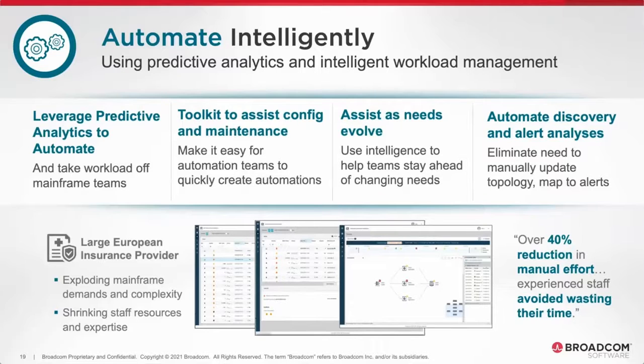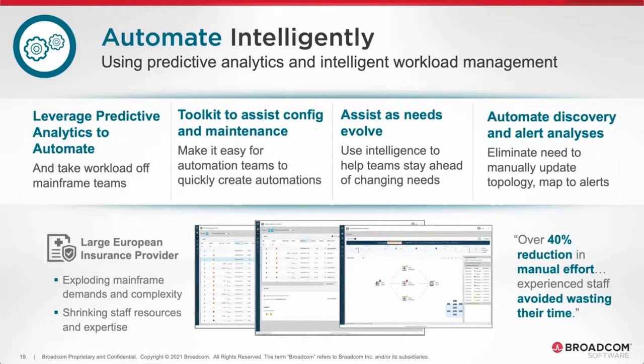On top of that, being able to help teams stay ahead of changing needs. So as you're experiencing changes in how users are using the applications that rely upon our mainframe backend systems, being able to detect that as well as alert you to those changing patterns so that you could take the appropriate actions as required.